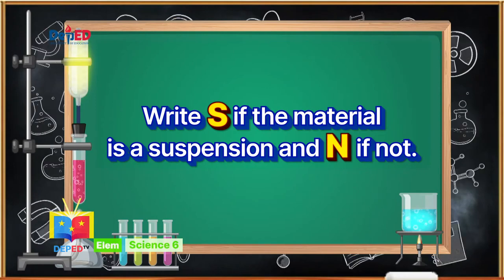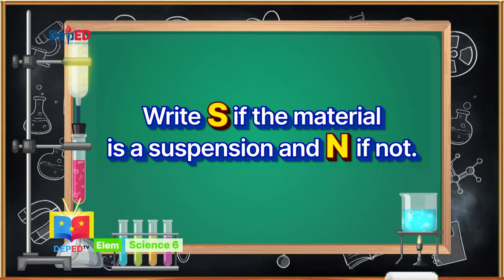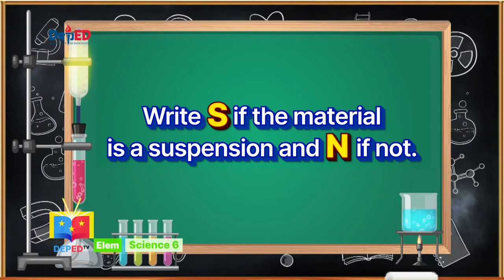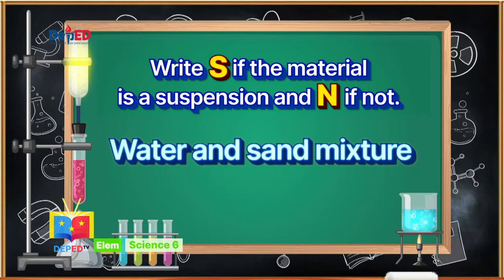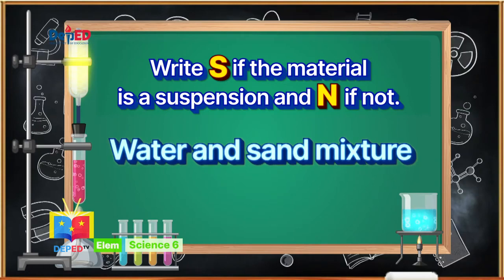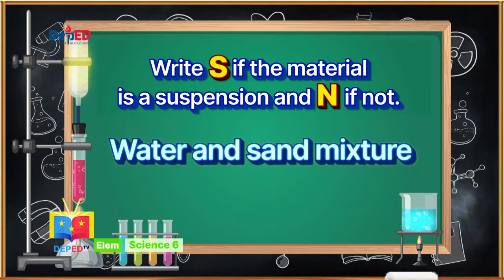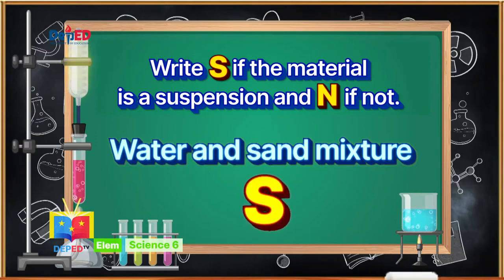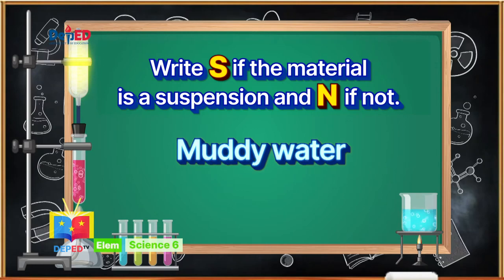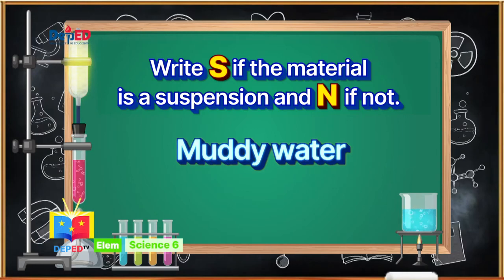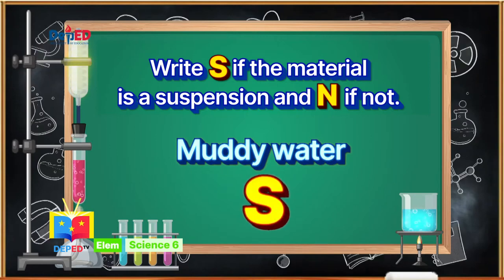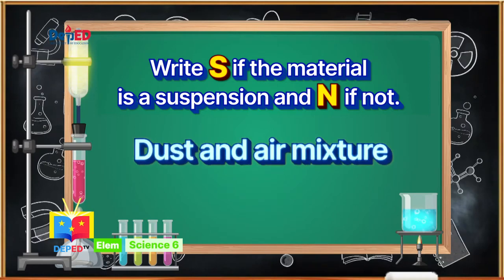Write S if the material is a suspension and N if not. Write your answers on your paper. Number 1. Water and sand mixture. The correct answer is S. Number 2. Muddy water. The correct answer is S. Number 3.